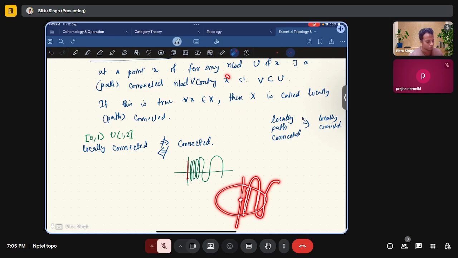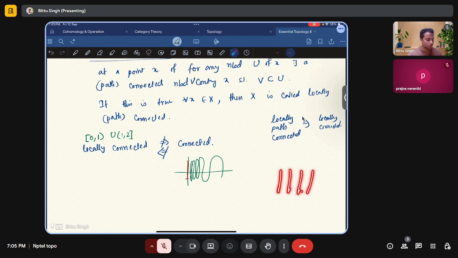You cannot connect those two points. So though this is connected, it is not path connected, and not locally connected. Similarly, it is not locally path connected, because locally path connected implies locally connected. So those are a few examples.